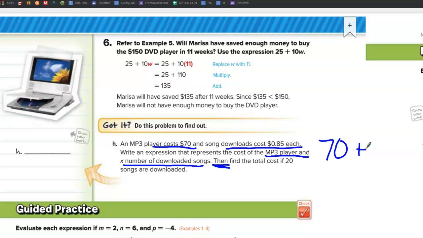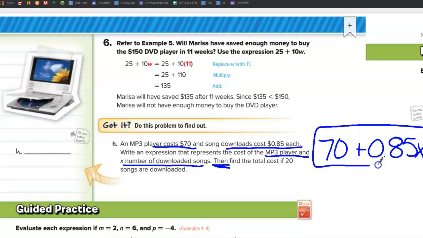Okay. Anyway, how much does it cost for each song that you download? 85 cents. Do we know how many songs we're downloading? No, but the cost times the number X that we buy will tell us how much we have to pay for the songs, right? I better write this down. So this is the expression. Landon, listen to the directions.